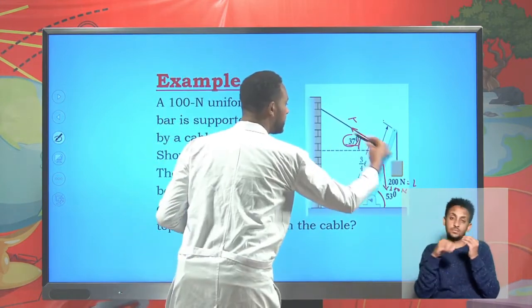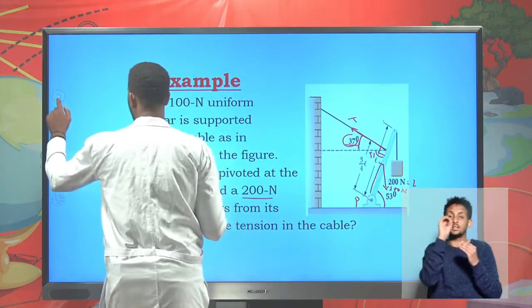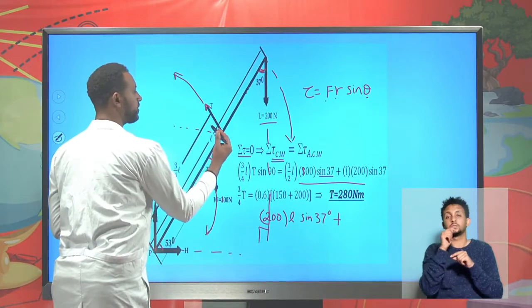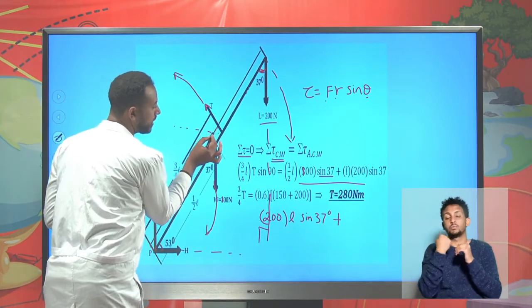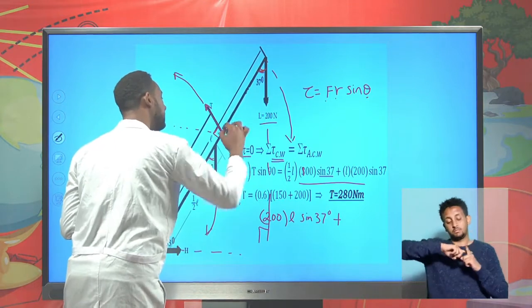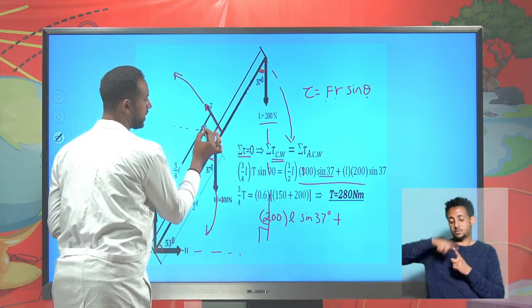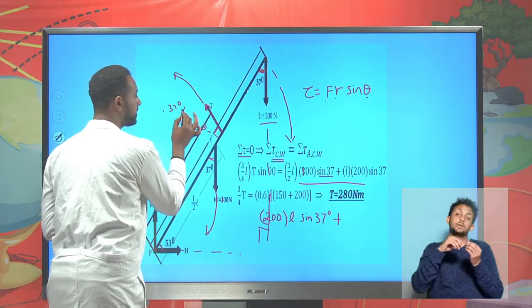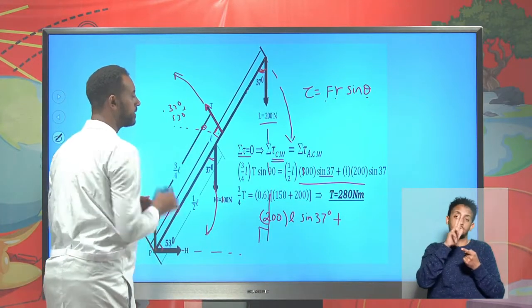So the tension is acting at 90 degree. Here is the tension T. Sorry for my drawing, anyways, this is 90 degree, okay? It should be perpendicular to this one. Theta is 90 degree. We have 37 degree plus 53 degree gives us 90 degree.